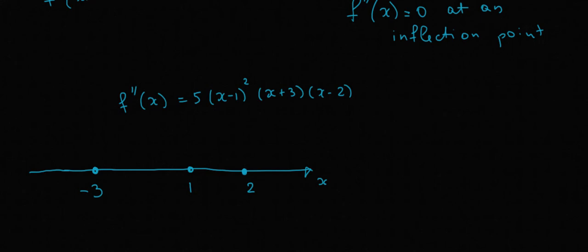So we have 3 such points, and these three points divide the number line into 4 segments. The second derivative is equal to 0 at those 3 points, and everywhere else it's not equal to 0, so it's either positive or negative.